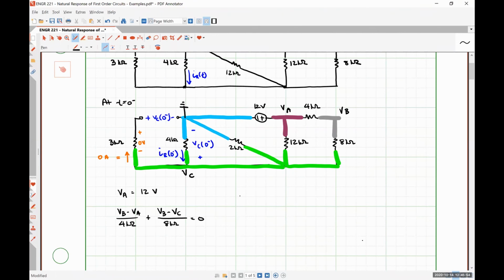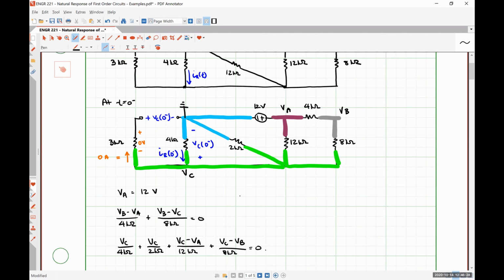And when we perform KCL at node C, we're going to have VC divided by 4 kilo ohms plus VC divided by 2 kilo ohms plus VC minus VA divided by 12 kilo ohms plus VC minus VB divided by 8 kilo ohms is equal to 0.